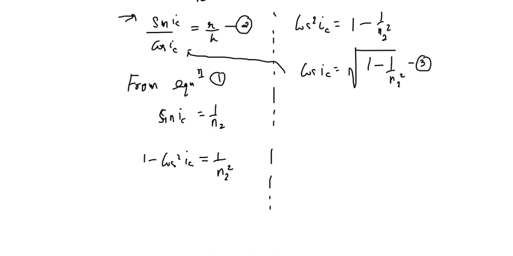Substituting 1 and 3 in 2, what will I get? Let's do this on the next page. So sin IC is 1 by n2 and cos IC is 1 by root over 1 minus 1 by n2 square, equals r by h.